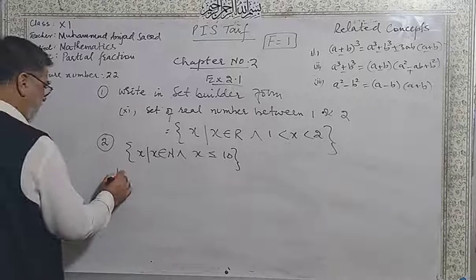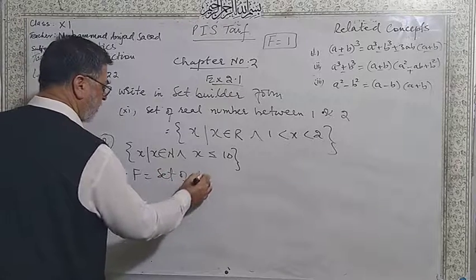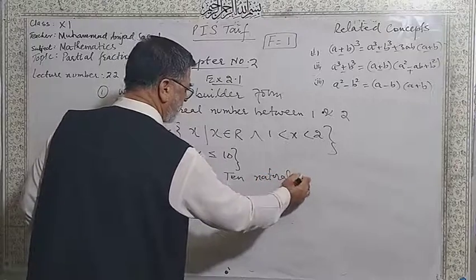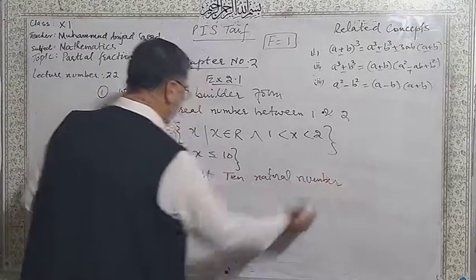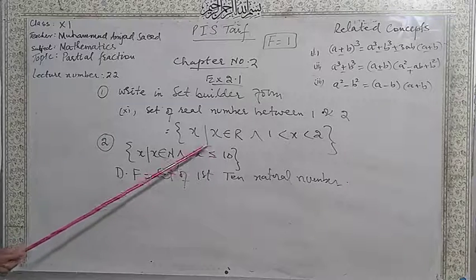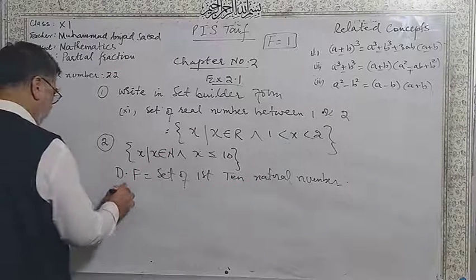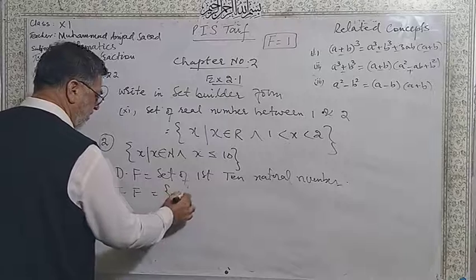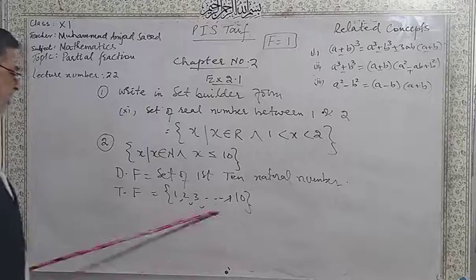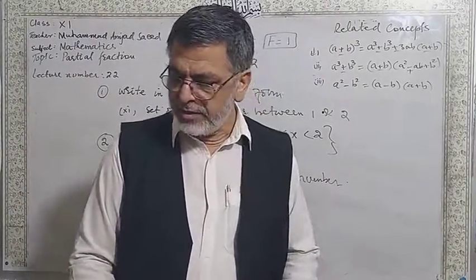You have to write down the descriptive form: set of first 10 natural numbers. This is your first 10, meaning from 1 to 10, and N is capital, N is the natural numbers. So tabular form is 1, 2, 3 up to so on 10. This is tabular form, this is descriptive form. So this is the way how to write down the other questions.